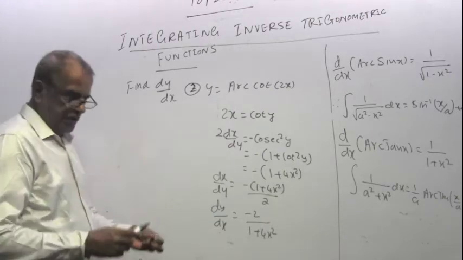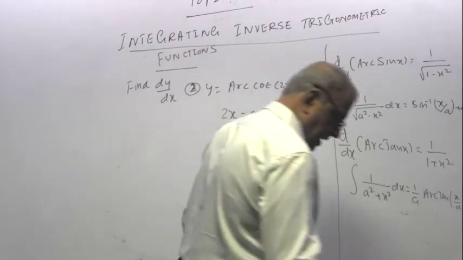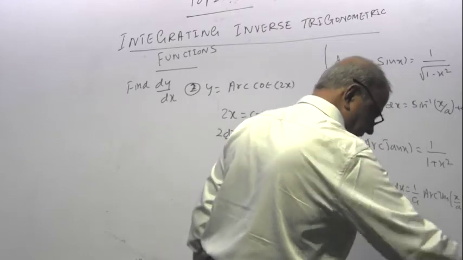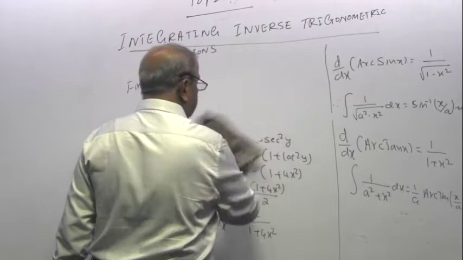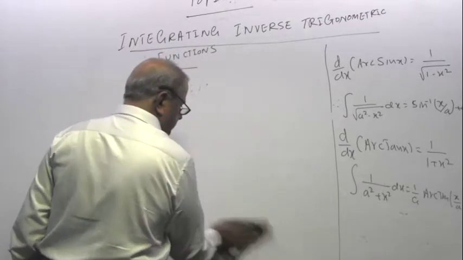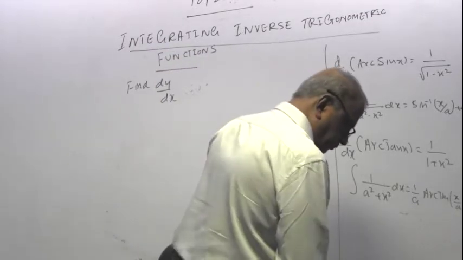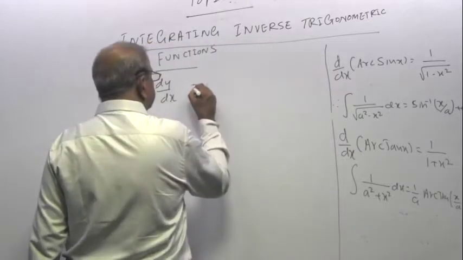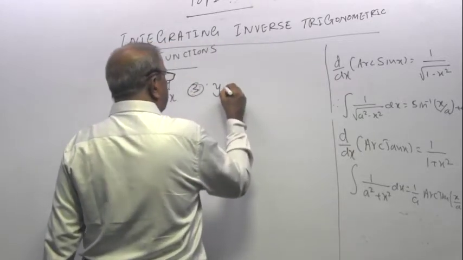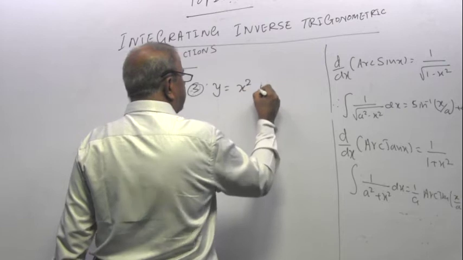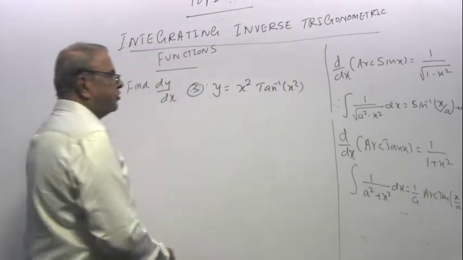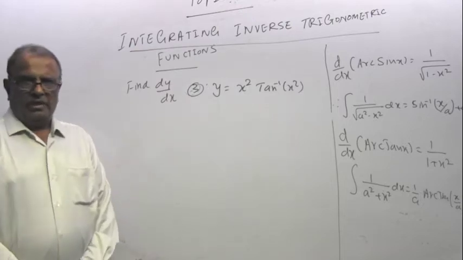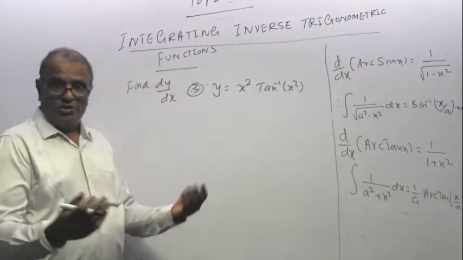Okay. Suppose I have, I'm differentiating, not integrating. So I'm taking the next example. y equals x squared tan inverse x squared, and you're asked to differentiate. u and v, product rule.